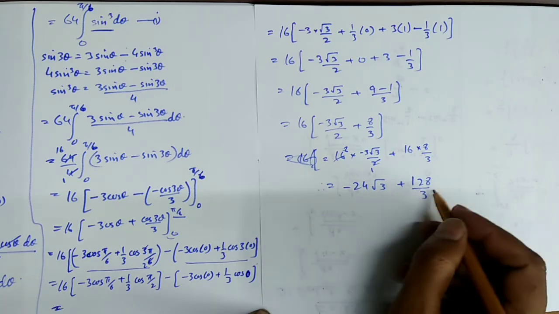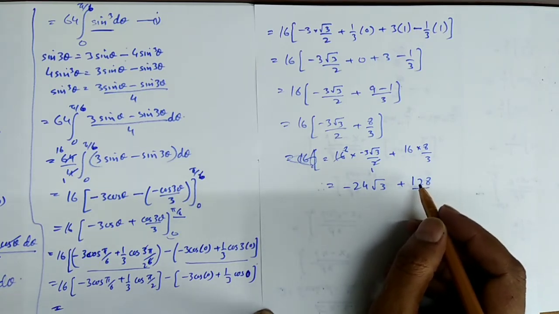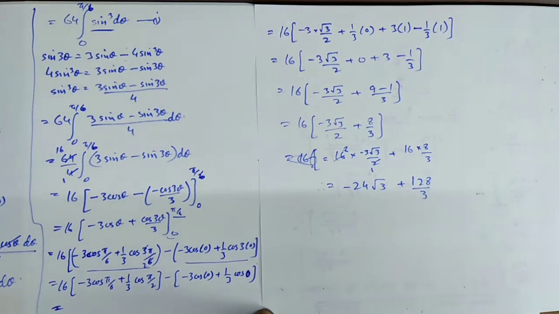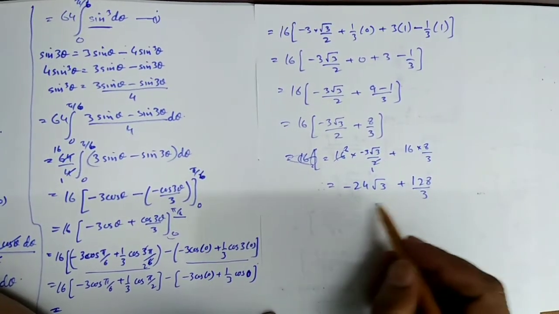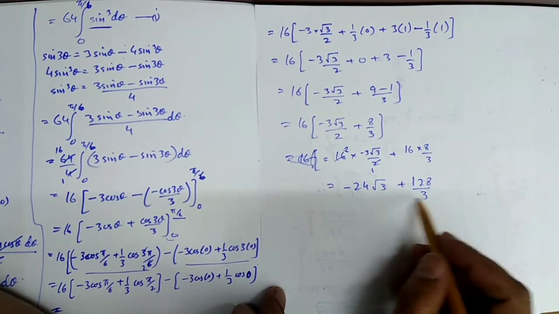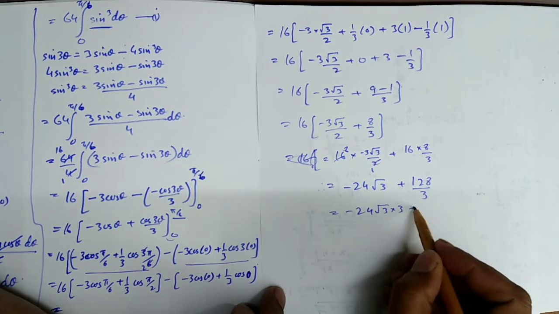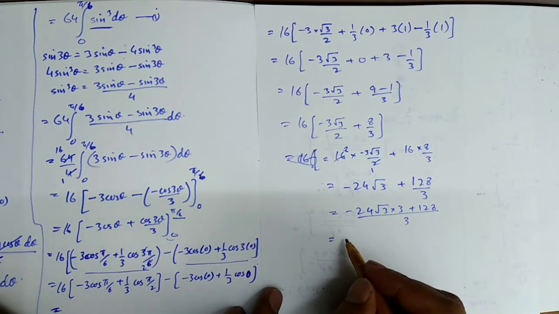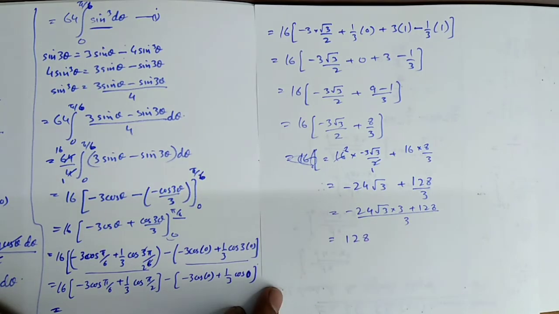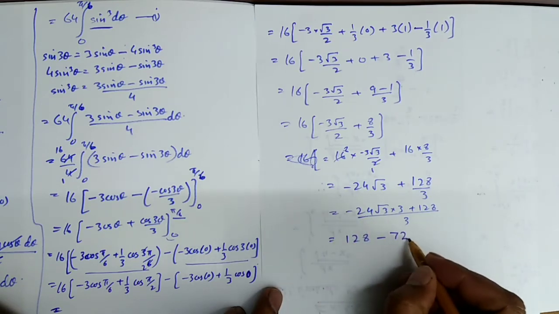So if we take the LCM, or you can further simplify this one, you can simply simplify this by taking the LCM, like minus 24 root of 3 multiplied by 3 plus 128, whole divided by 3. 3 multiplied by 24 is minus 72 root of 3, whole divided by 3.